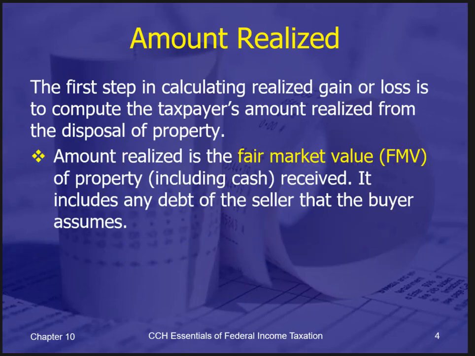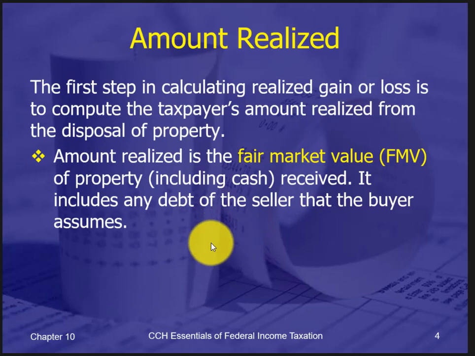So here's the calculation. If you're looking at how much you realize from a transaction, it's the fair value of what you receive. Now, if it's cash, that's pretty easy. But if it's anything that you get in return, if it's a car, if it's a boat or whatever, the fair value of that is the amount realized, including any debt that the buyer assumes.